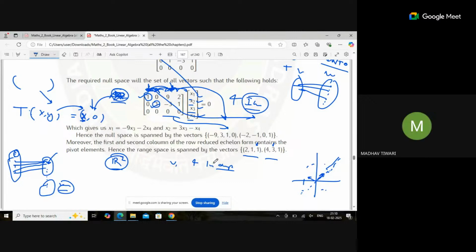Two directions were lost. The values x3 and x4 were lost; they can take any free value, so they don't have any impact on the range space. Whatever the remaining part is will form our range space, and these two will conclude to the null space.